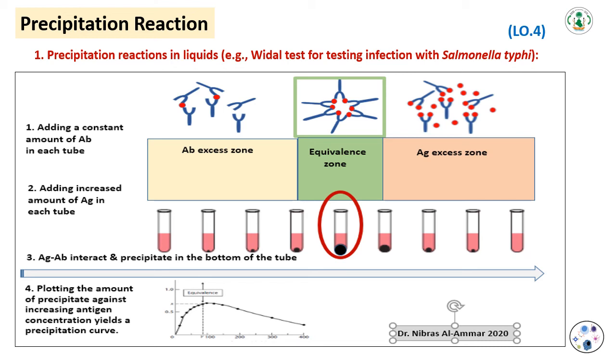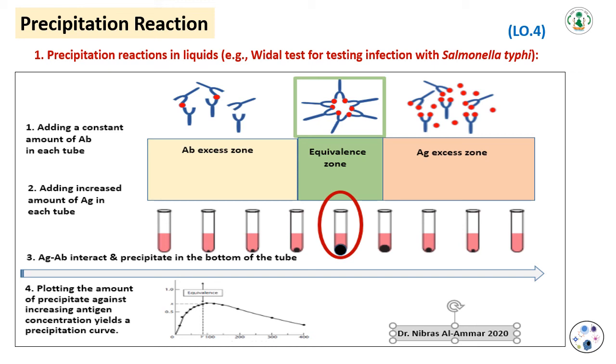Here, in the first 4 tubes, the first tube has no precipitate because it is in the antibody excess zone. In these tubes, the quantity of precipitate is very small.